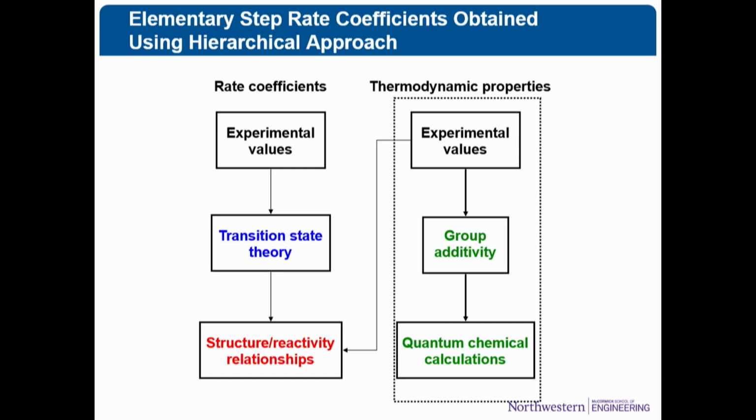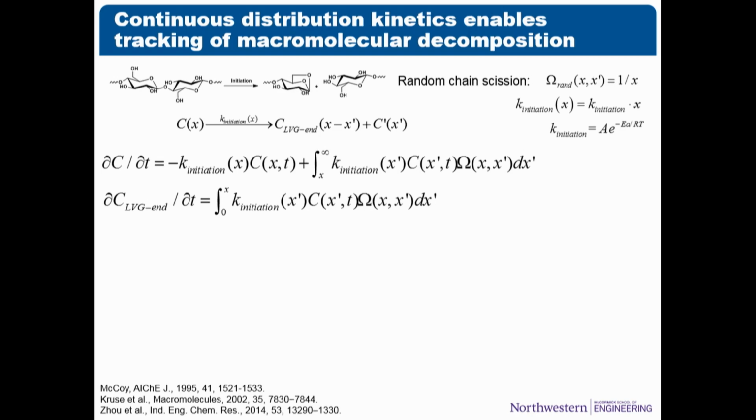But you're not going to do 1,000 transition state theory calculations on the fly. So usually what we'll do is a selected number of calculations, build up structure reactivity relationships where you can relate kinetics to something that's easier to estimate or measure, like thermodynamics. And so then we'll have a hierarchy for getting at thermodynamic properties as well. But in the end, we're putting together a formulation of a platform for estimating all the rate coefficients in the model.